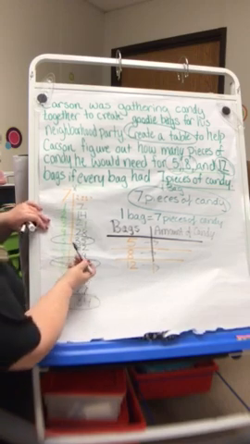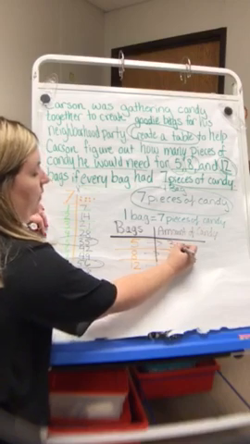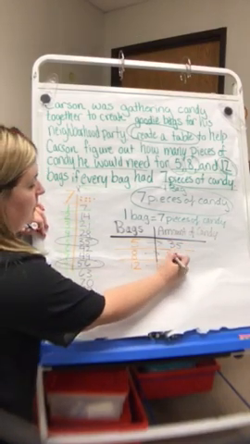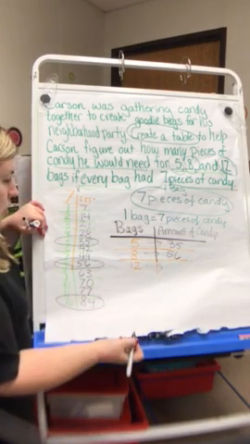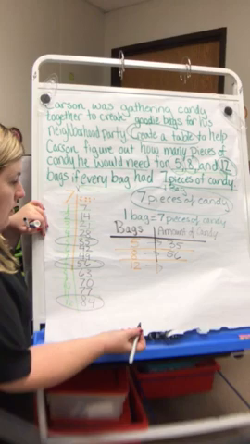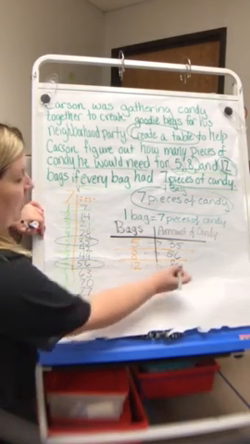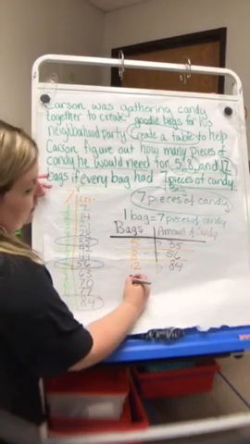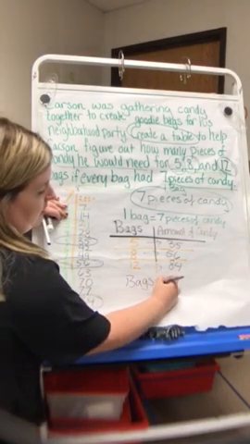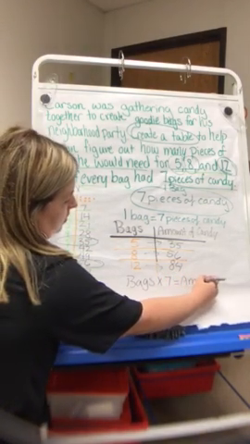So I can say 5 times 7 is 35. 8 times 7 is 56. 12 times 7 is 84. So I'm going to say my bags times 7 equals the amount of candy.